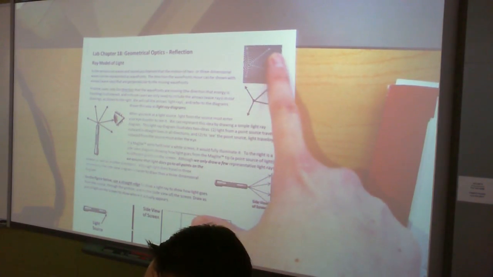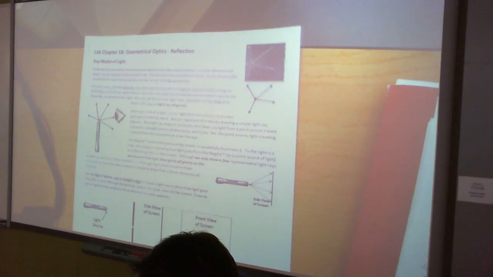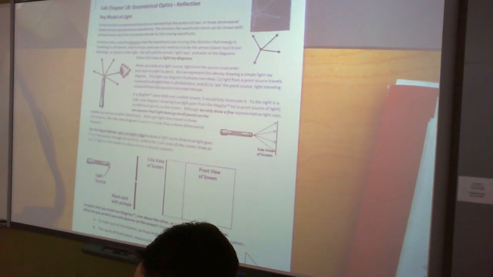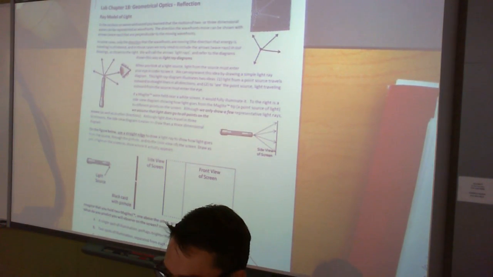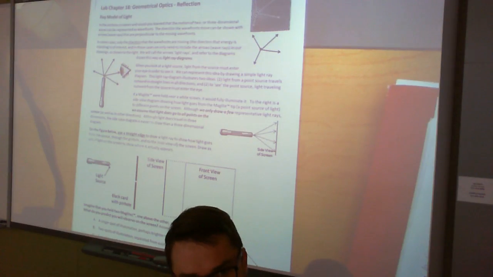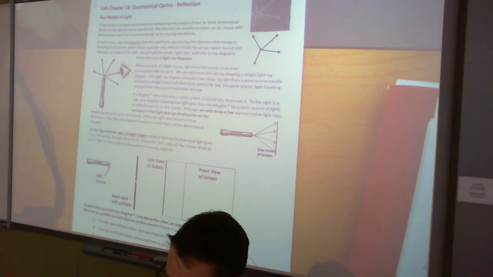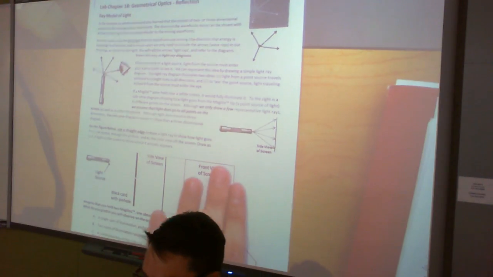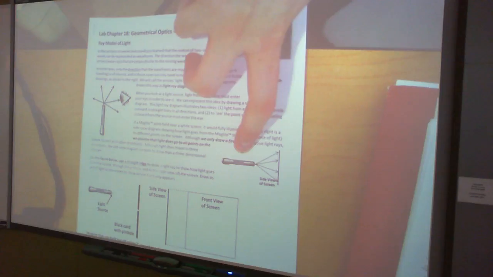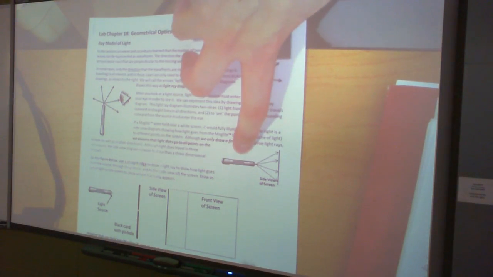They're in the direction of the wave motion. The reason we do that is to show how light is blocked out or reflects or refracts for this section. This first picture is showing as if I had a flashlight and I was pointing it towards the screen. You could even think of this light source as being the projector projecting light towards the screen.